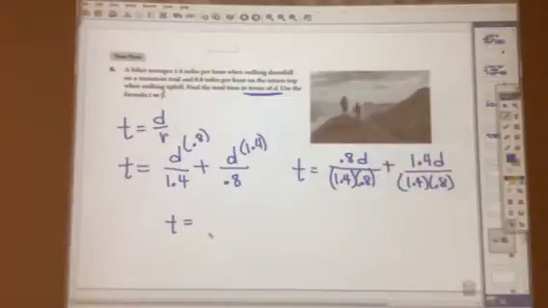So 0.8 and 1.4 is going to be 2.2D over, when I multiply 1.4 times 0.8, that will give me 1.12.